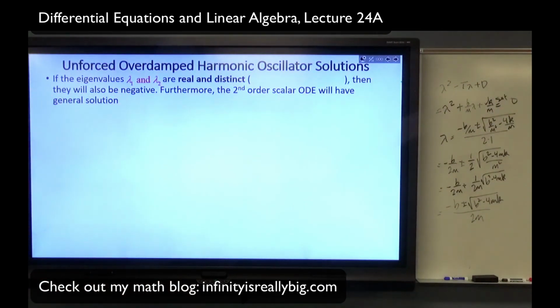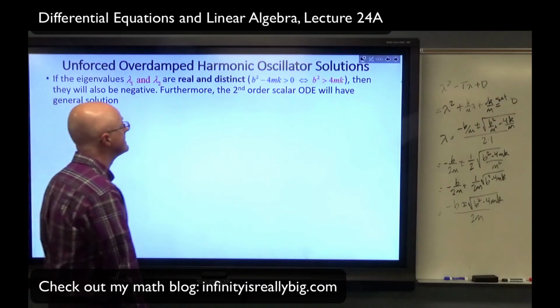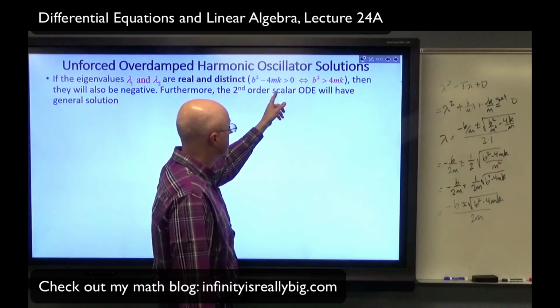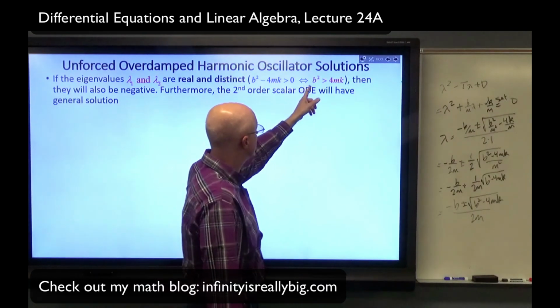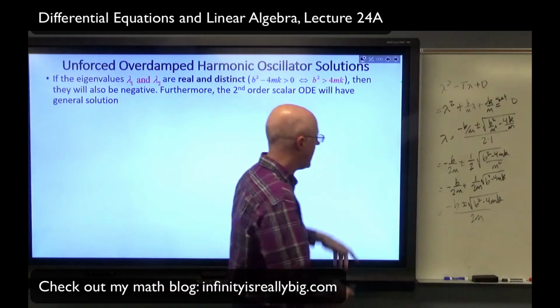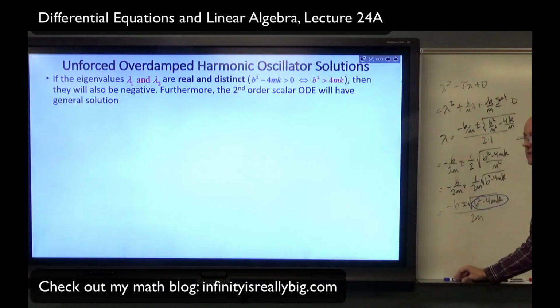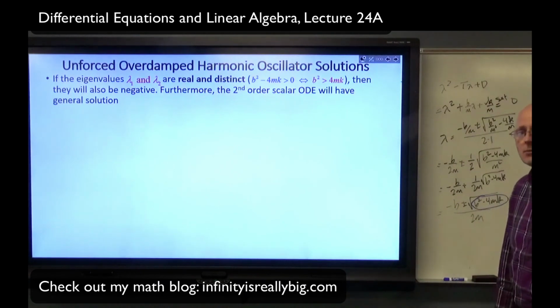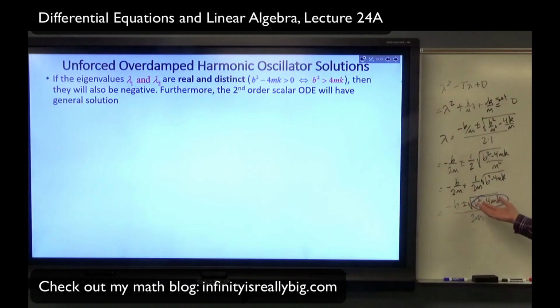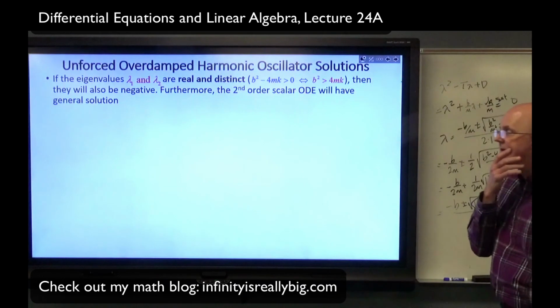First case, if the eigenvalues lambda 1 and lambda 2 are real and distinct, in other words, if the thing under the square root is positive, which is equivalent to b squared being bigger than 4mk, I'm talking about right here, then you're going to have two real eigenvalues, because you're going to get a plus or minus a square root of a positive number, which will be a positive number, negative b plus or minus some positive number over 2m.